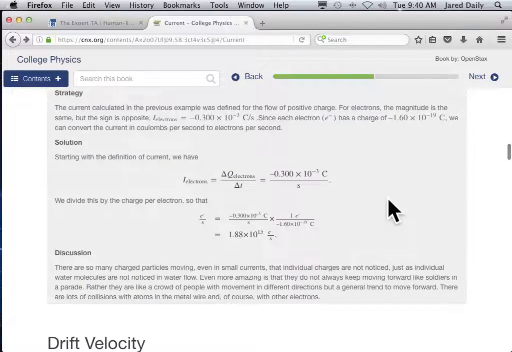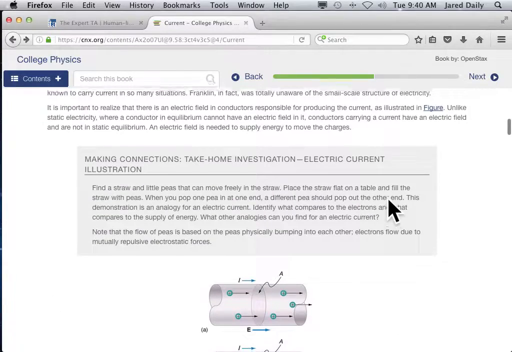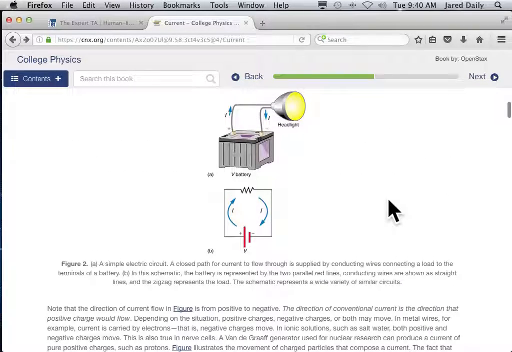So current in circuits, like wires and things like this, is always the flow of positive charge, quote unquote, but the things that actually move are the electrons. Who do we have to thank for that?